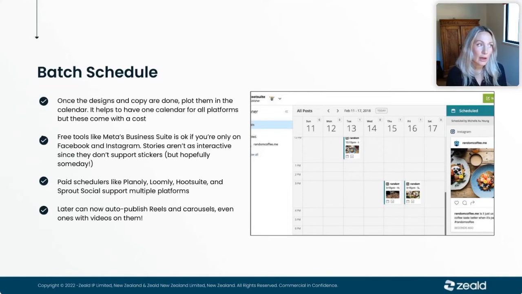you can schedule Facebook and Instagram content within Facebook, and I actually would recommend scheduling Facebook content directly in Facebook. Facebook doesn't like it that much when you use a third party to schedule content. So if you are present on Facebook, then you can do that directly within the Facebook Business Manager.